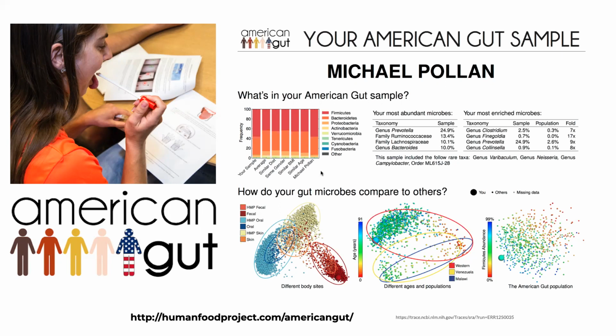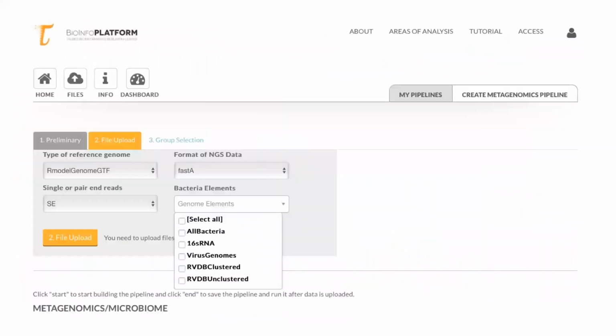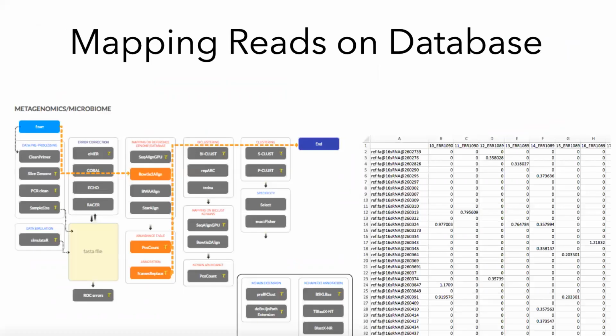So in that project, in that example used in Metagenomics 1, what we do is we actually build a pipeline, and that pipeline allows us to understand the abundance of different bacteria based on a reference database. And that reference database organizes the 16S ribosomal RNA into a table of abundance. This is a table of abundance.